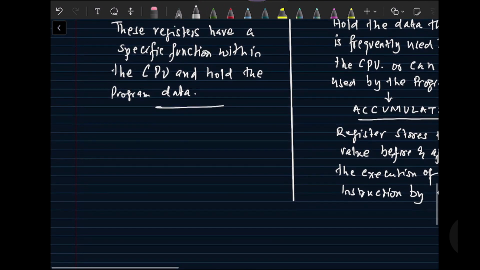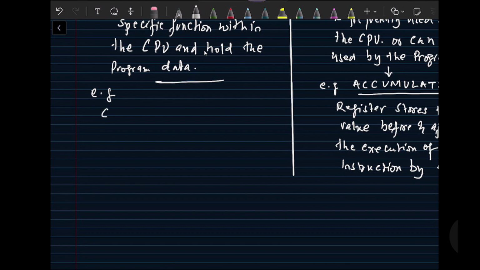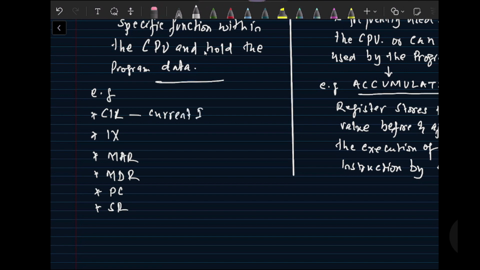Now the examples of the special purpose registers are CIR, IX index register, MAR memory address register, MDR, PC, and SR. So this is the current instruction register. This is the index register.